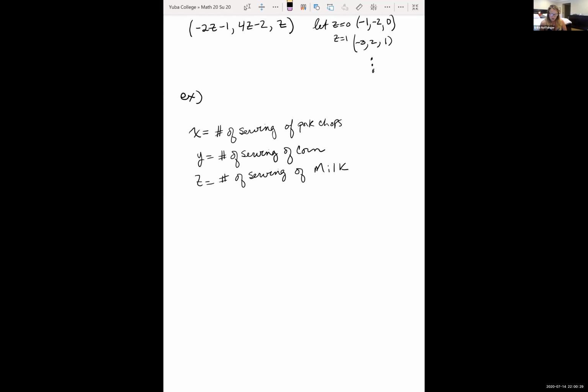Okay, and so we also know that our pork chops, corn, and we have milk, and we're looking at the following of each. And we need a total.